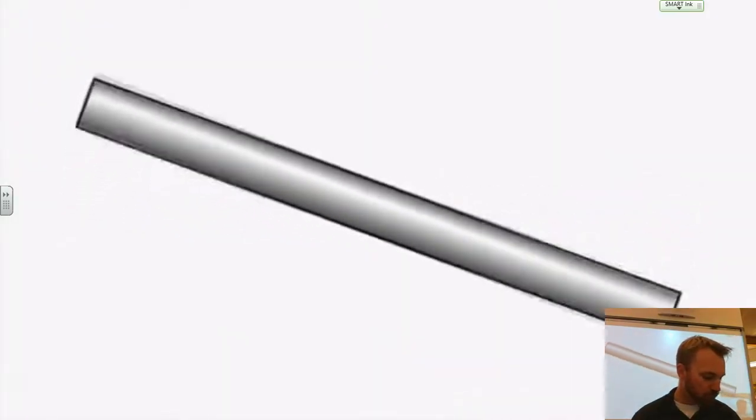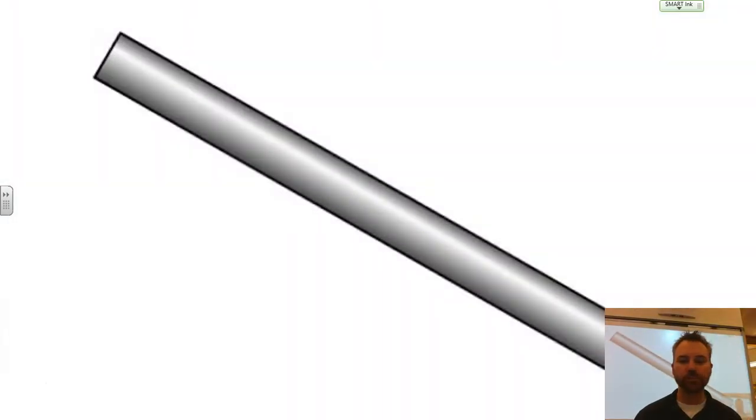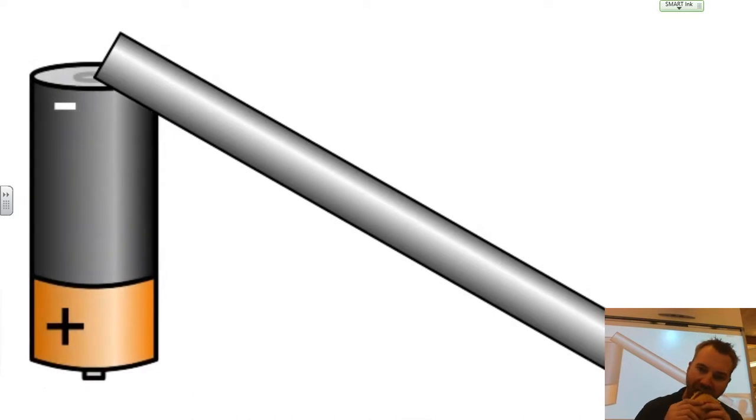In electricity, it's a very similar thing. The way we make current flow is we produce a potential difference in the wire. Not a gravitational potential difference, though, this time, an electrical potential difference. The way we can do that is with a battery. With a battery, that's like picking up one side of the wire and putting it at a higher electrical potential than the other side of the wire, the other end.